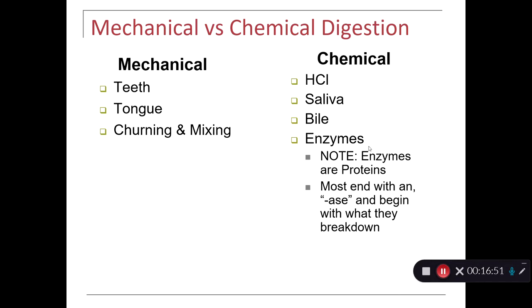Enzymes are indeed proteins, and most end with an ASE, A-S-E, at the end of it, and begin with a portion of the word with which they break down. So for instance, this one is saying it breaks down protein, protease. This one breaks down lipids, it's a lipase. While this one breaks down DNA, it's DNase. Hopefully that makes all sense to you.